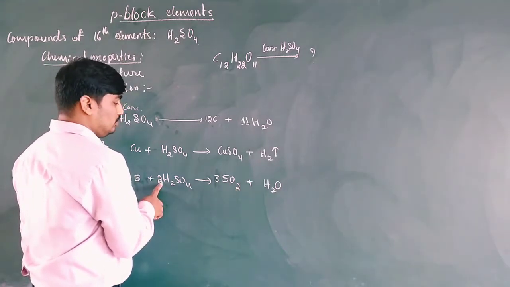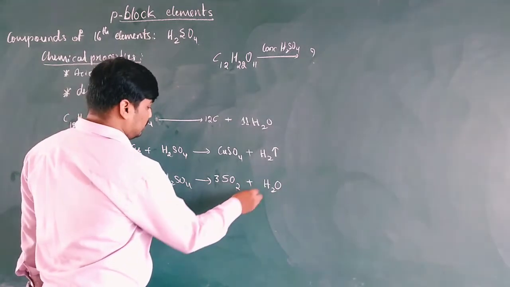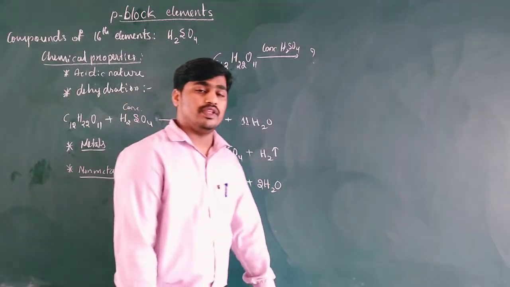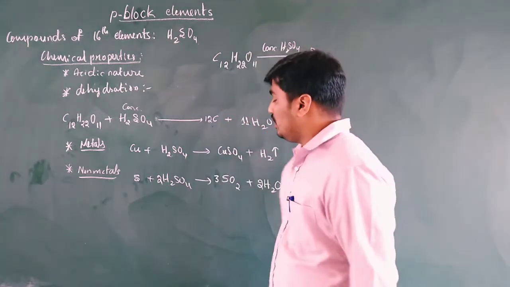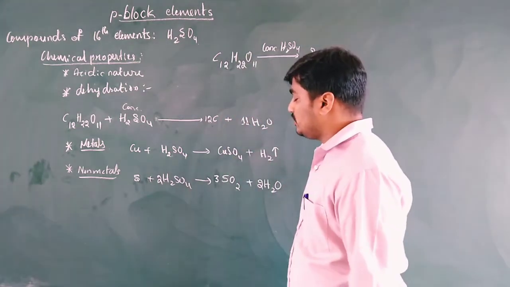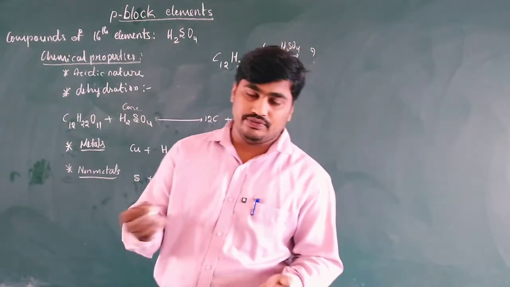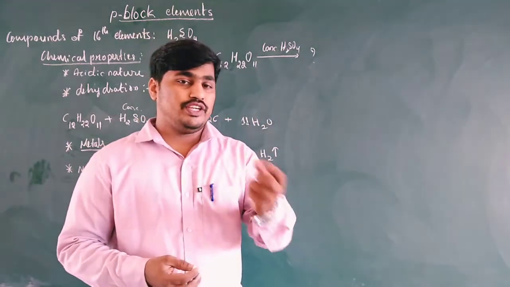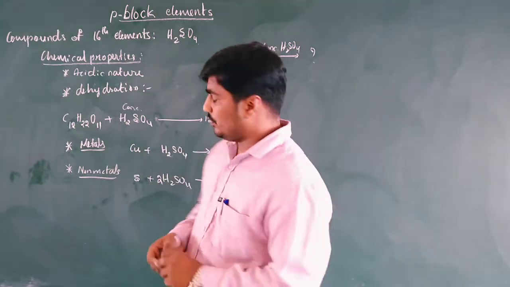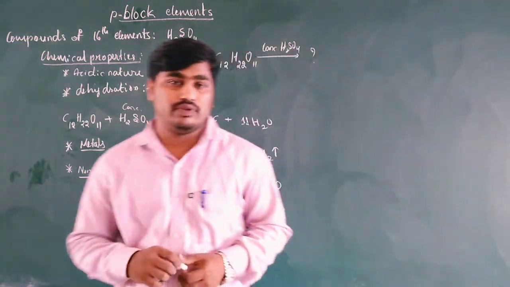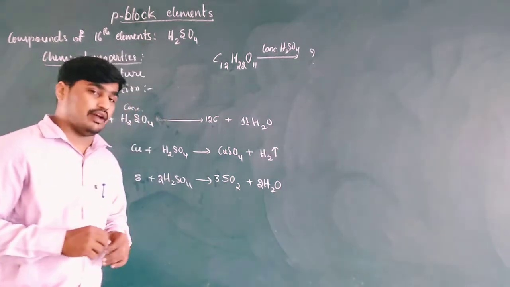Okay, now it balances in the balanced chemical equation. What happened in this case? When solid sulfur is made to react with sulfuric acid, it gives sulfur dioxide and water. The white fumes are evolved. White fumes are nothing but the sulfur dioxide.